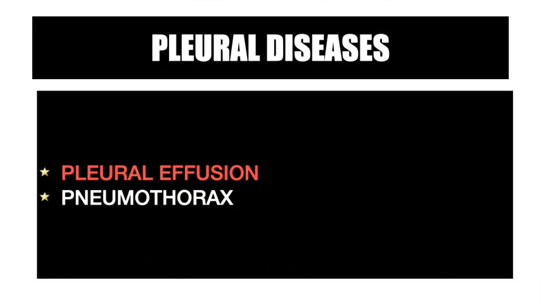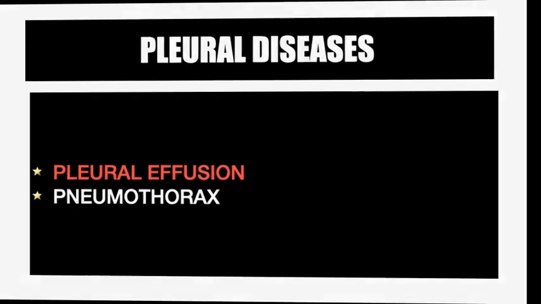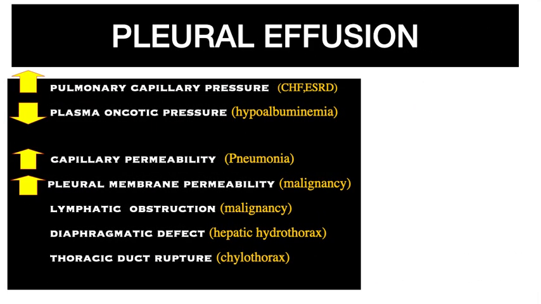So now we will discuss pleural diseases. The two most common diseases of the pleura are pleural effusion, abnormal accumulation of fluid in the pleura, and pneumothorax, abnormal presence of air in the pleura. Speaking of pleural effusion, these are the 7 main causes of effusion.